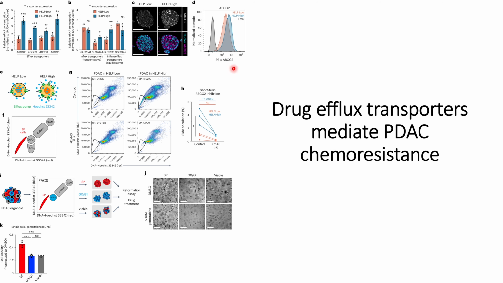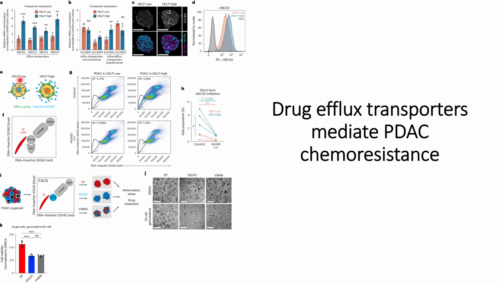After these results, they wanted to check the effect of this drug efflux transporter. So they used the side population assay, where they used Hoechst 33342 dye to check the efflux capacity of these cells. Cells with more efflux capacity will show low fluorescence, because they also efflux out the Hoechst dye.